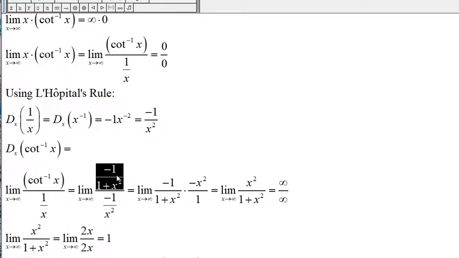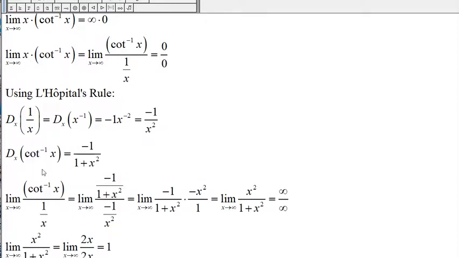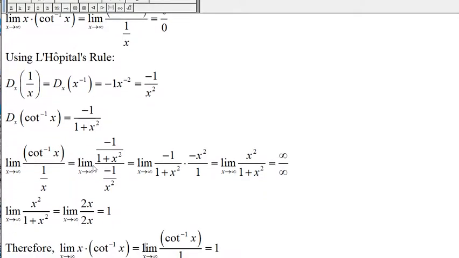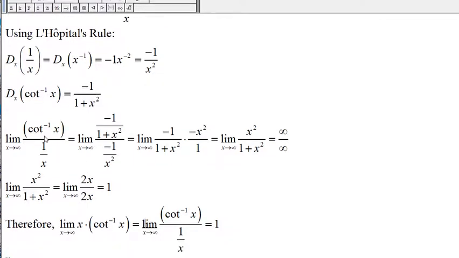Recall that this is negative 1 over 1 plus x squared. And so we have negative 1 over 1 plus x squared, and then the derivative of 1 over x is negative 1 over x squared.